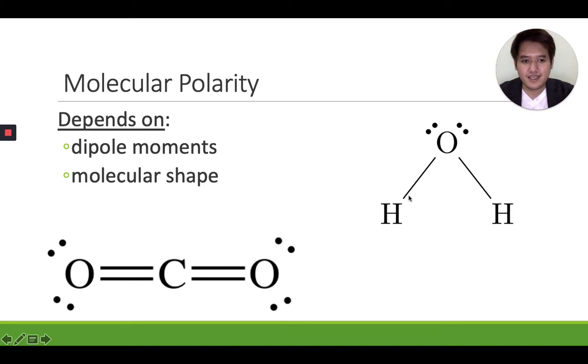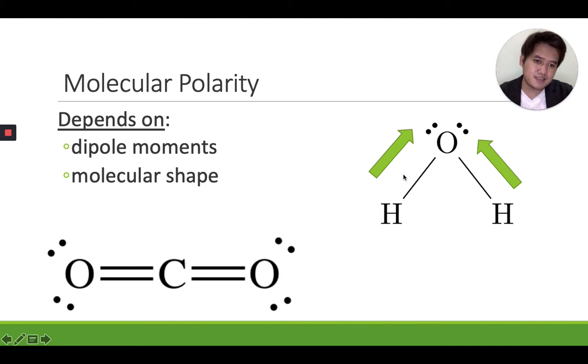We know that oxygen is more electronegative than hydrogen, so it is hungrier for electrons than hydrogen. So there is a dipole moment in this polar bond between oxygen and hydrogen. There's a dipole moment facing towards the oxygen atom, and in the same way for the other hydrogen and oxygen side.